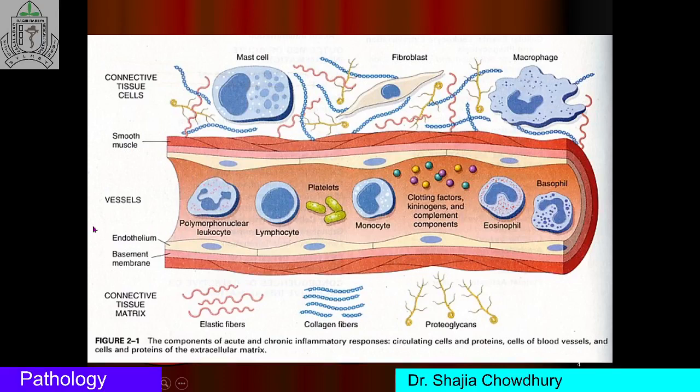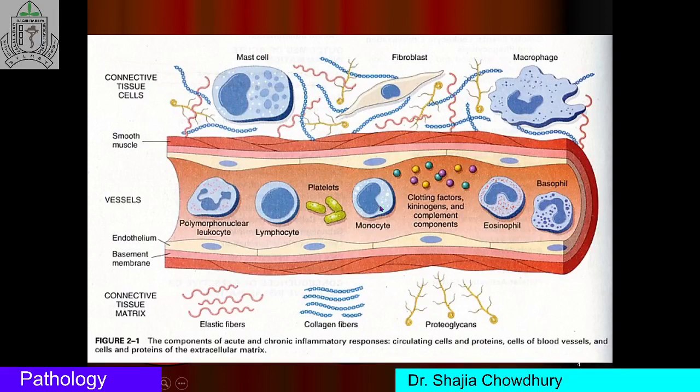This is a blood vessel and it is lined by endothelial cells, and this endothelium plays an important role in inflammation. This is the basement membrane and this is smooth muscle, and outside the blood vessel this is extracellular space and extracellular connective tissue that contains mast cells, fibroblast, macrophage, and monocyte.